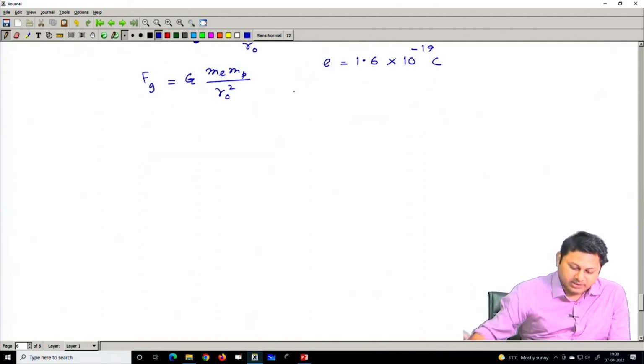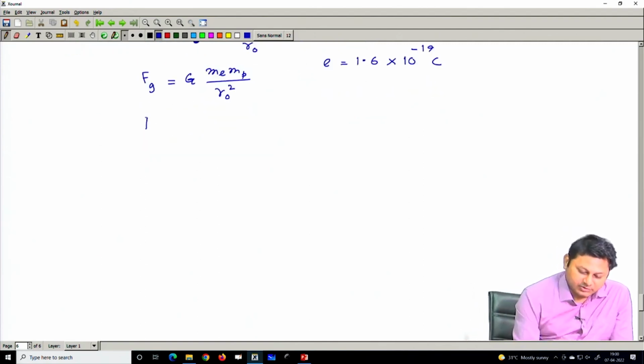Okay, that we are going to use later. So what is the electrostatic force? Electrostatic force should be 1 by 4 pi epsilon 0, and then e square, because in both cases the amount of charge of electron and proton is the same, that is e, and r0 square.